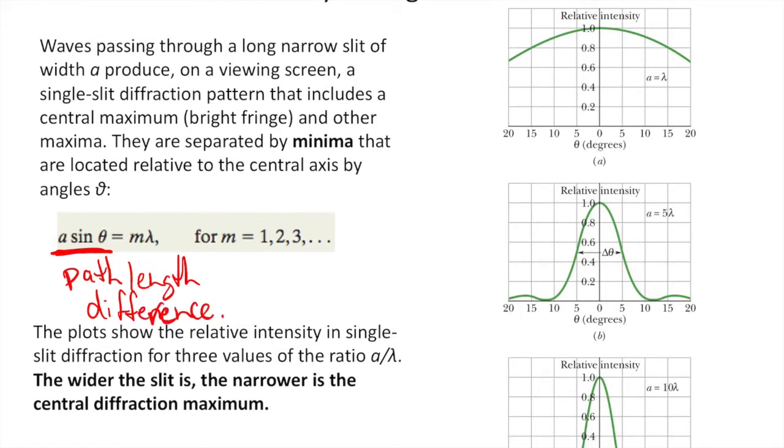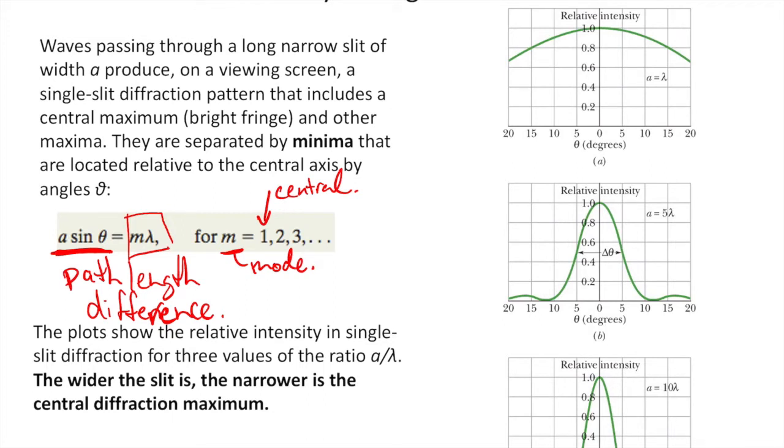That has to equal some m lambda, where m, the mode, is some integer. This is the same idea as we got for the double slit. There's some kind of integer. You're going to have 1 is the central, and then you have 2, 3, 4, 5, etc., and it goes on and on.